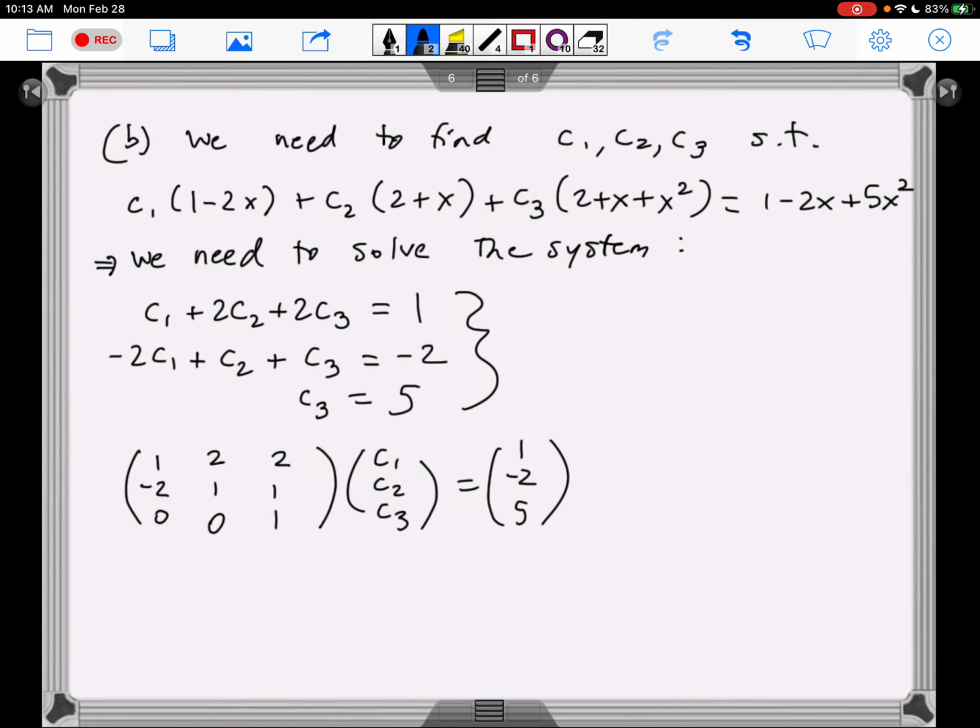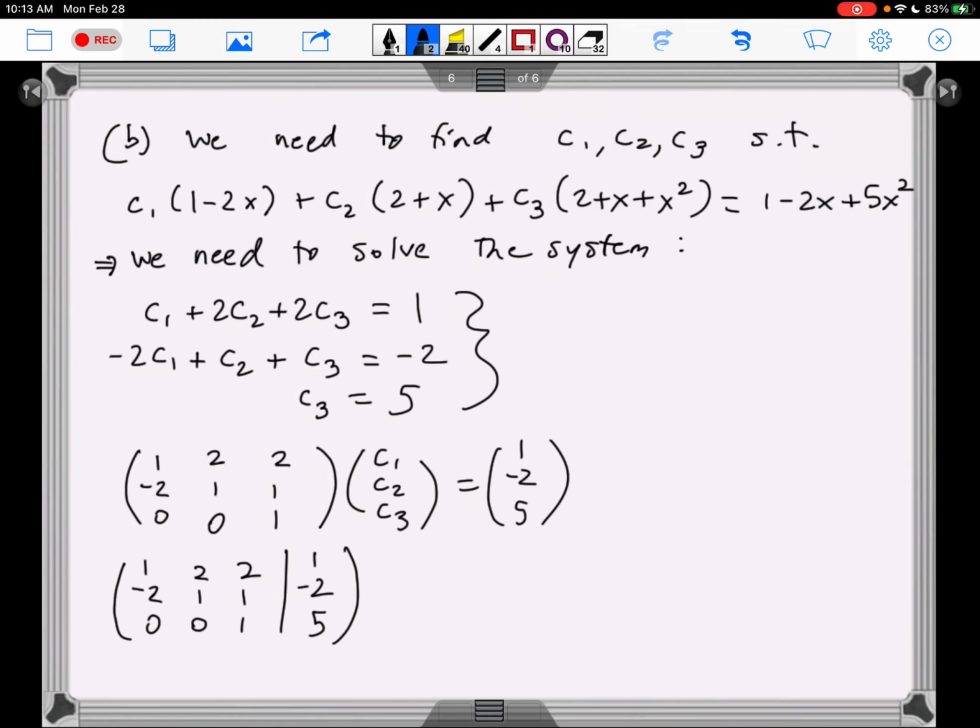But then this means we can just use a matrix, right? We can use Gaussian elimination here. So this is all we're doing.